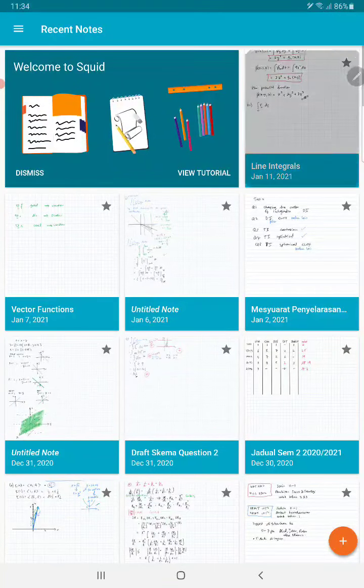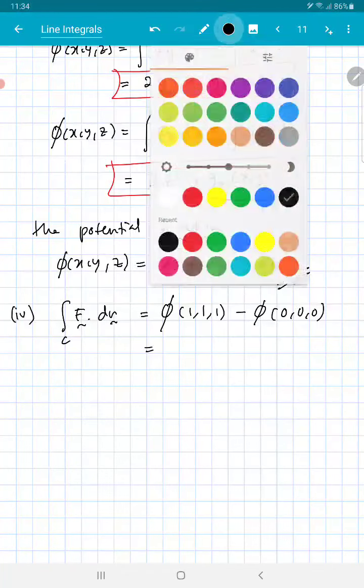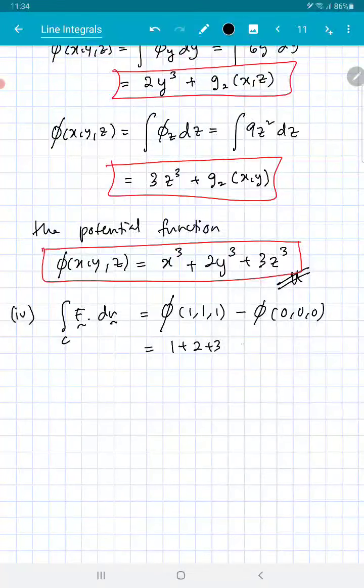So we're going to use the fundamental theorem. We're going to use phi at the destination point, the end point, minus phi at the initial point, which is at 0, 0, 0. So this is our phi. We're going to use this instead of evaluating the line integral. All right, so phi at 1,1,1 would be 1 plus 2 plus 3 minus phi at the origin, which is 0, 0, 0.